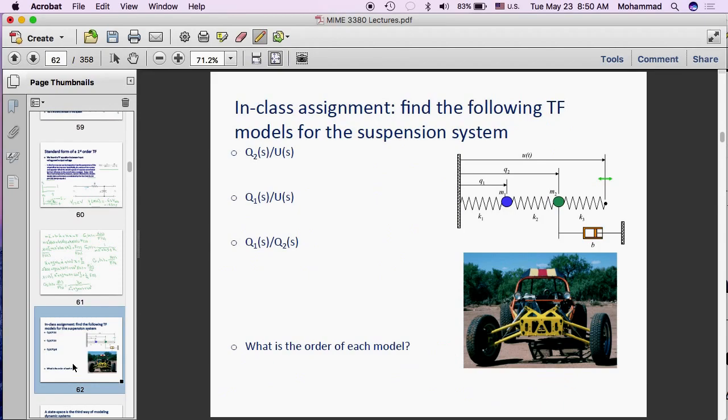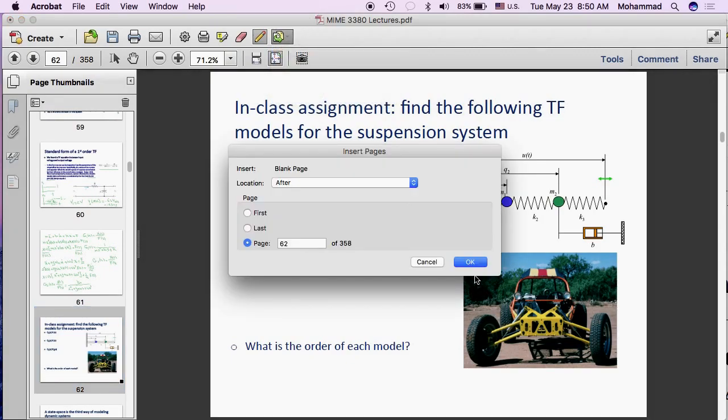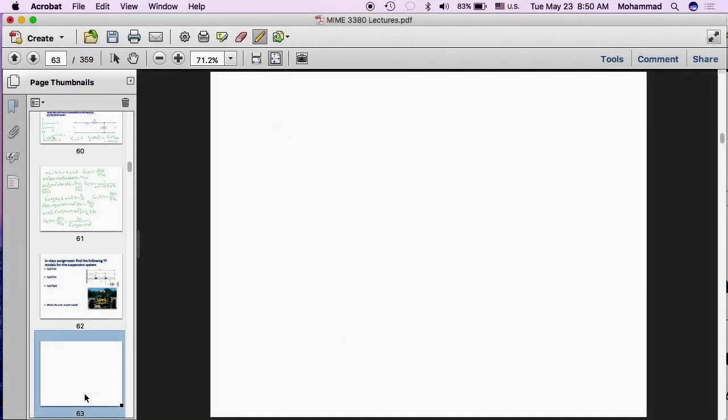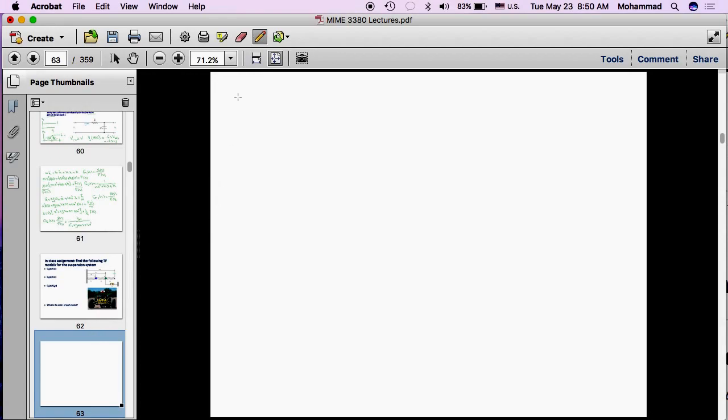So the first differential equation is m1 q1 double dot plus k1 plus k2 times q1 is equal to k2 times q2.